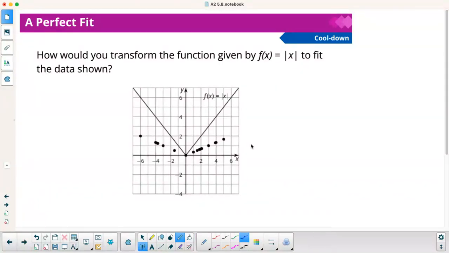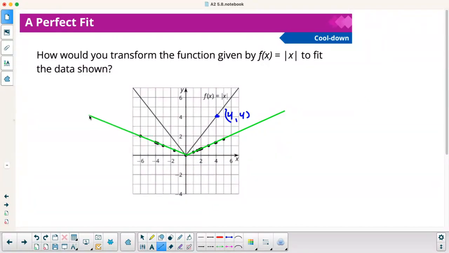So what I want to do is pick a point here. So this is 4, 4. And what I want to do is look here and say, okay, let me change that here. If I look like that, this is my new function.